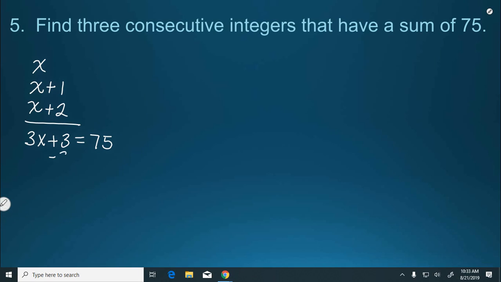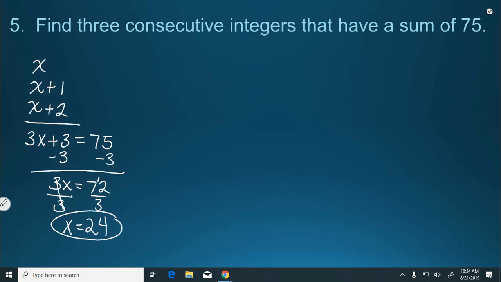We subtract 3 from both sides. 3x equals 72. Divide by 3, and x equals, well, 3 goes into 7 twice with 1 left over, and 3 goes into 12 4 times. So x equals 24. So my 3 integers are 24, 25, and 26.